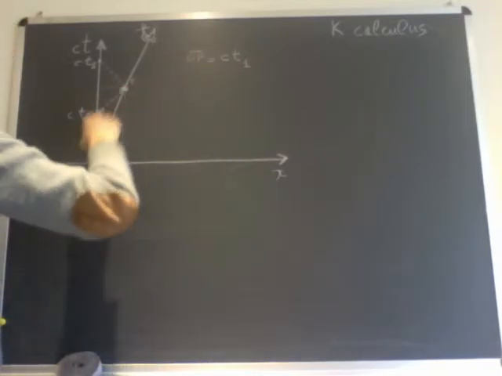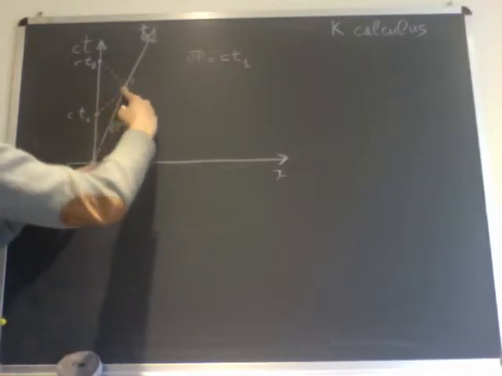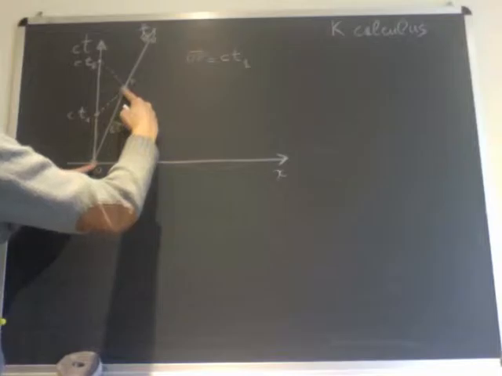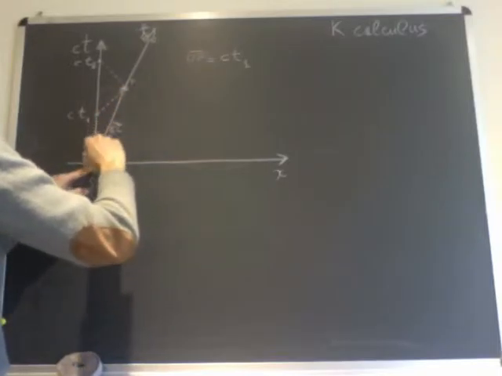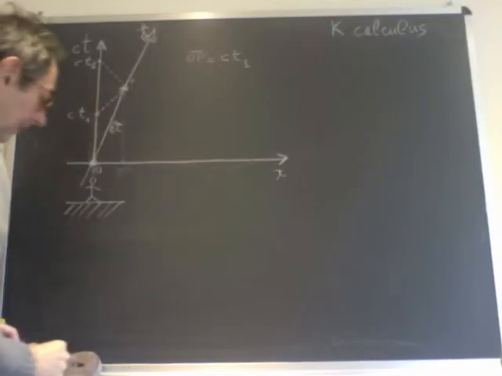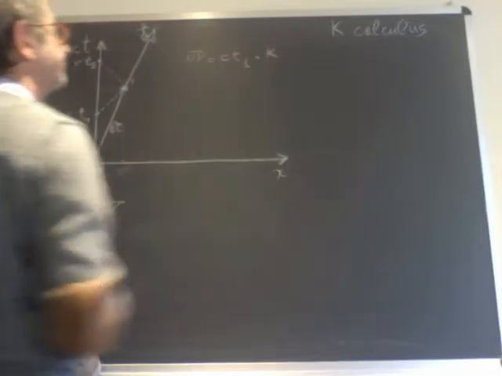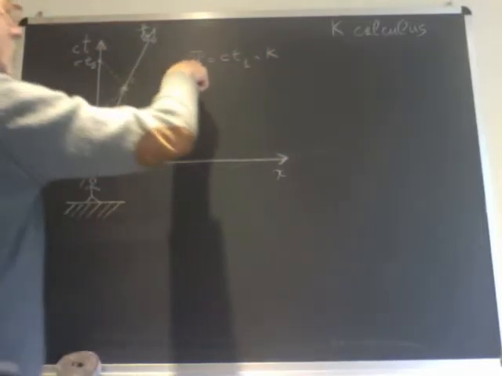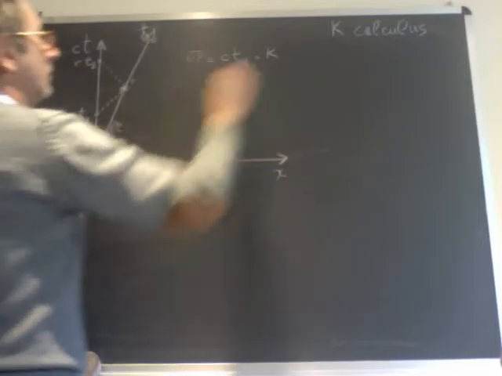So the segment OP is equal to ct1 multiplied by a certain factor that I call K. But we have said that OP is equal to c tau.